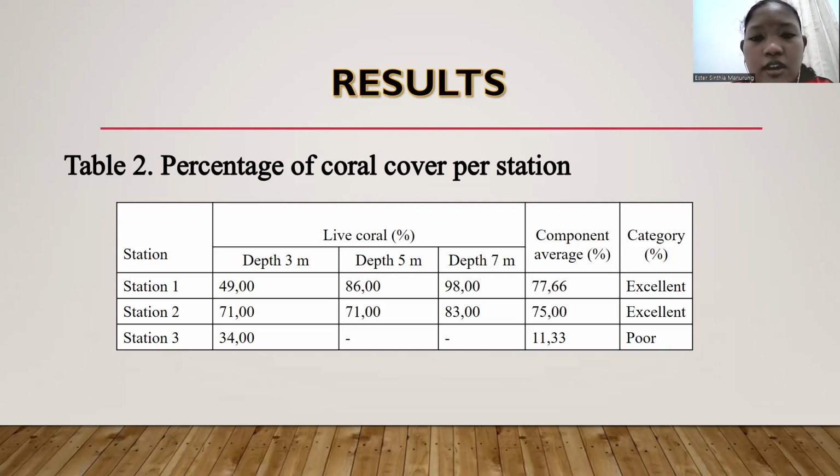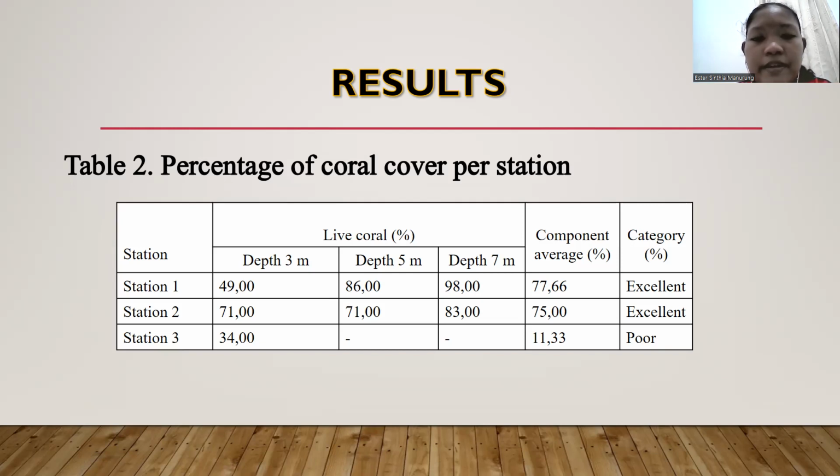Meanwhile, the low coral cover at Station 3 is due to its position near the Rendani River mouth. The location of water where coral reefs grow is relatively shallow and adjacent to rivers, and runoff certainly experiences extreme temperature and salinity fluctuation.